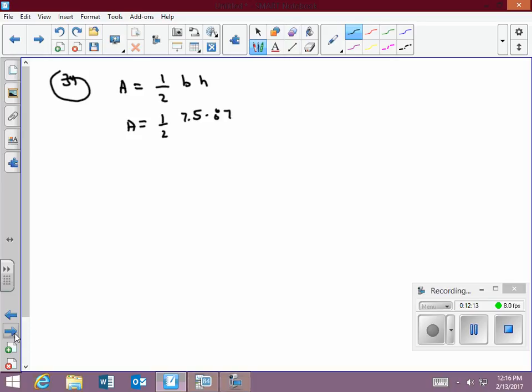And this is centimeters squared, right? And then we want square meters. So 1 meter is 100 centimeters, isn't it?